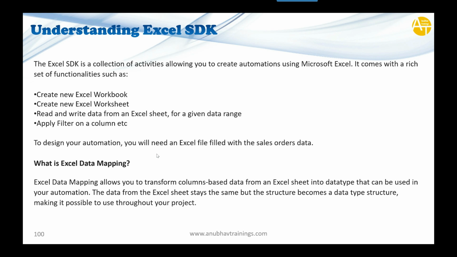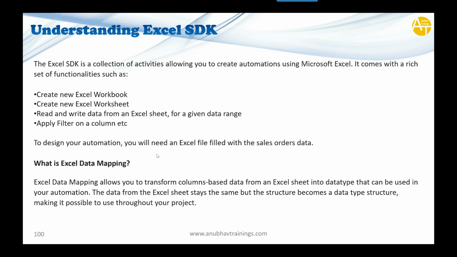Then, what is Excel data mapping? The Excel data mapping comes from the first technique of processing Excel, which is called the Cloud Link technique, where it automatically understands the columns of your Excel and creates a data type for us for the automation.